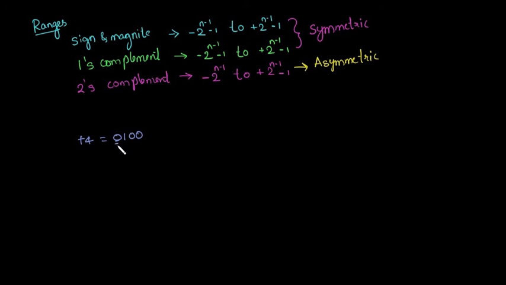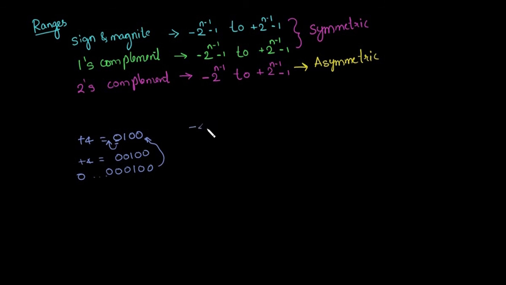If we extend the sign bit towards the left any number of times, then the value doesn't change. That is, positive 4 is 0, 0, 1, 0, 0, 0, 0, 0, 1, 0, 0. Any number of zeros towards the left doesn't make any difference. This is the same value as this.